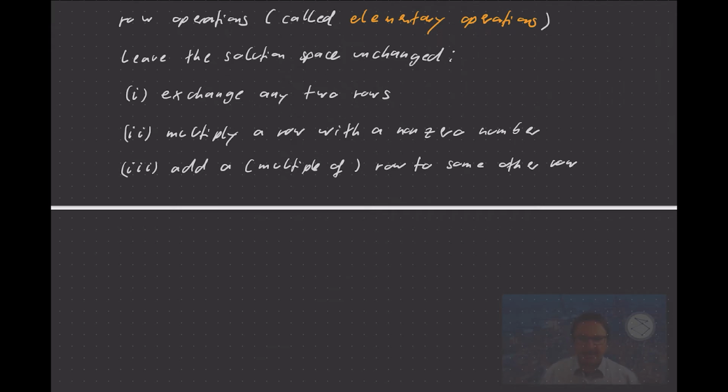And the interesting fact about this is now every system of linear equations can be transformed into echelon form without changing the set of solutions by just applying a finite number of these elementary row operations. So that's what the theorem says.